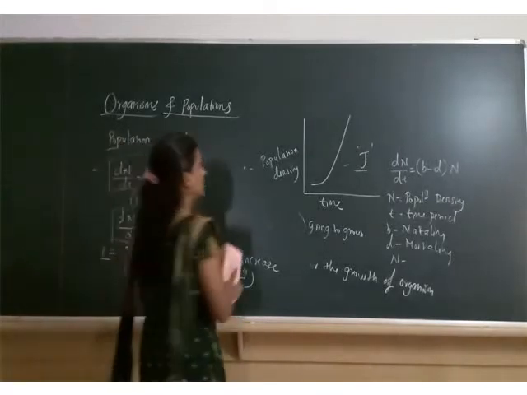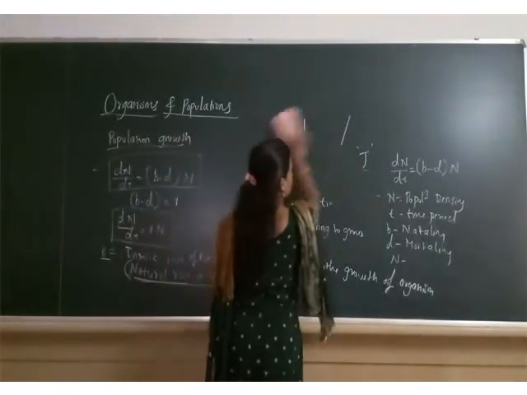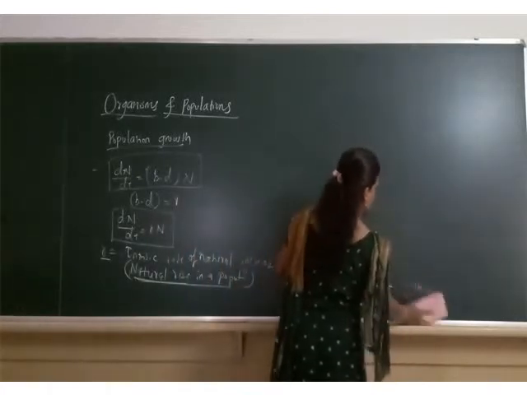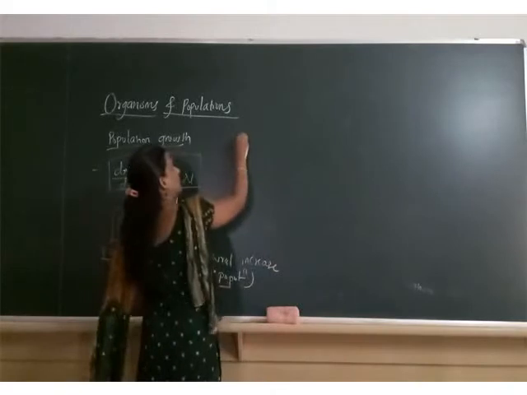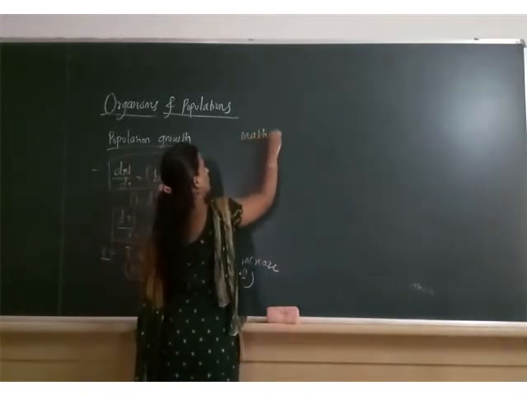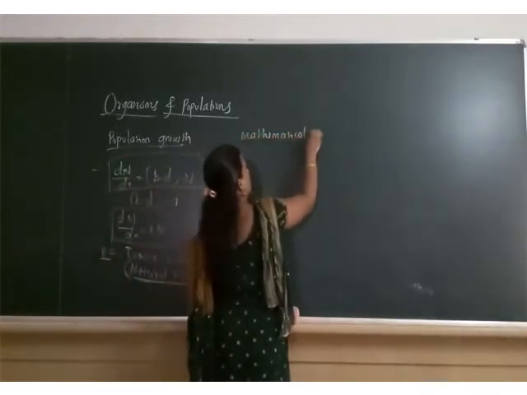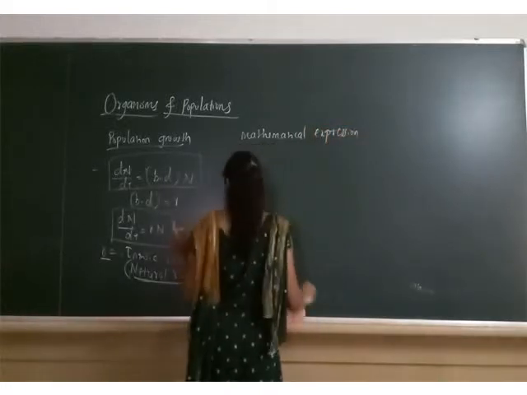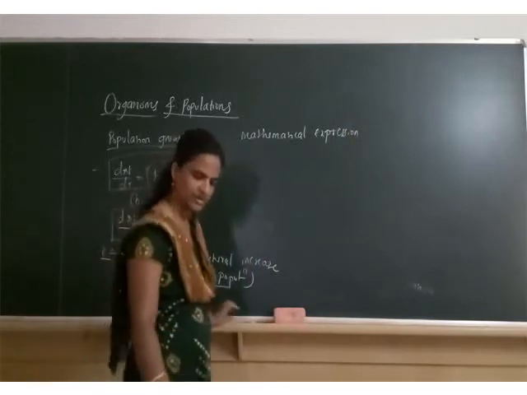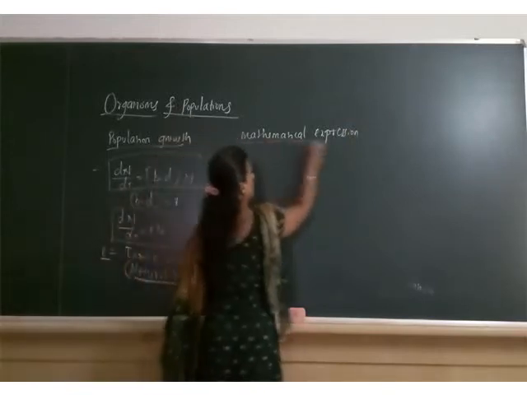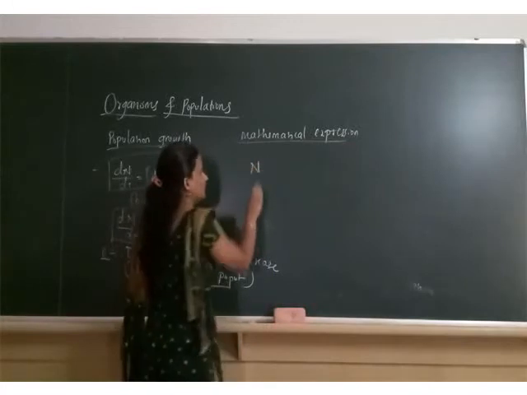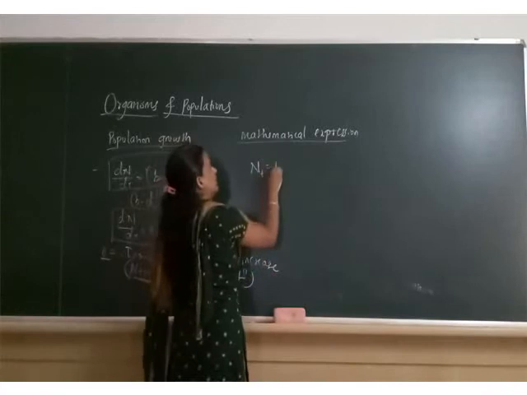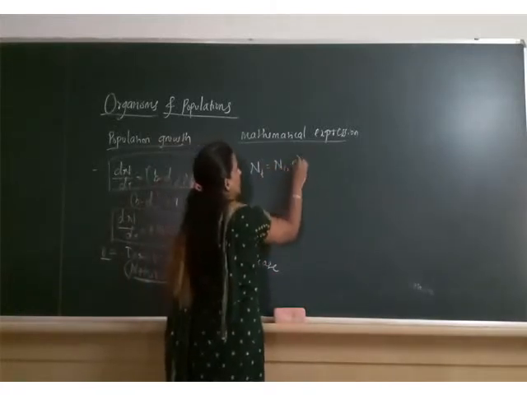Okay, if we take the mathematical expression, what happens? See, if we take the mathematical expression, that is Nt is equal to N0 e^rt.